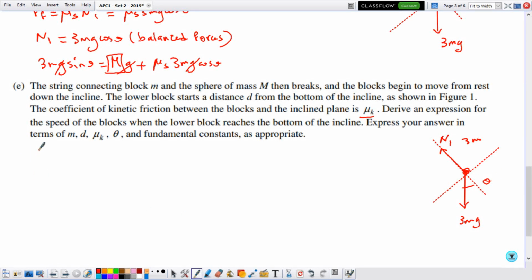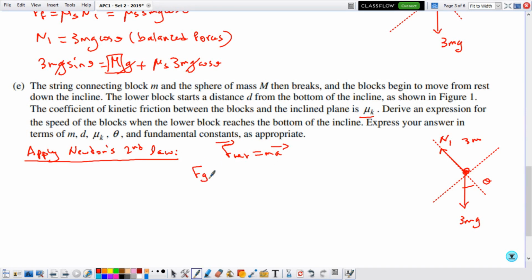And now let me apply Newton's second law, and that would be the sum of forces is ma. What are the different forces acting on the 3m combined?